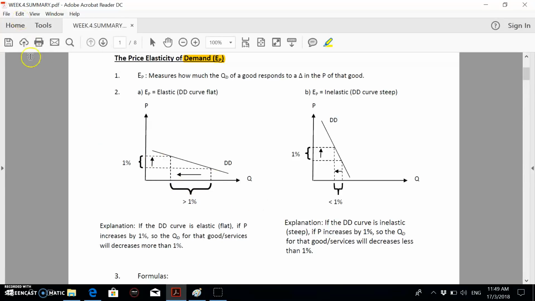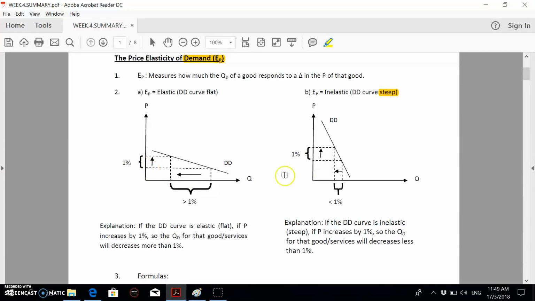That's why we call this elastic price elasticity of demand, where the demand curve is much flatter. On the other hand, for the inelastic demand curve, you will see that the curve is much steeper.